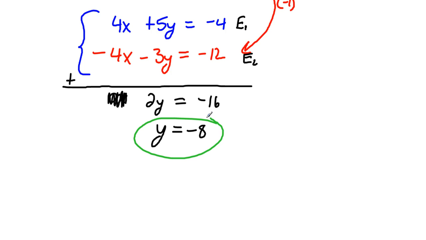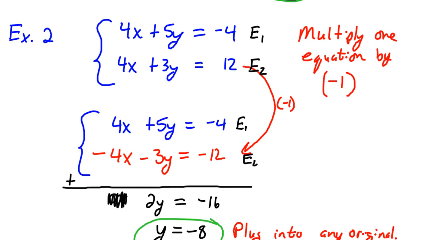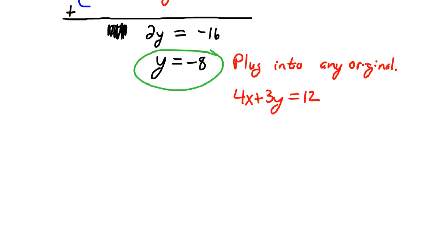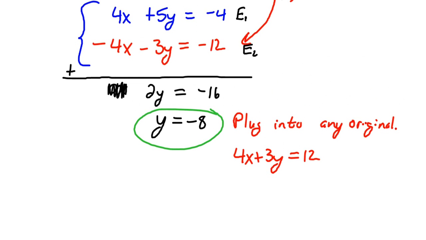Okay, and again, once you've got y equals -8, plug that back into any of the originals. Last time we picked equation 1. This time let's just go with equation 2. So we'll go 4x plus 3y equals 12. Again, doesn't matter. Just pick one and go with it. Okay, so taking out the y, replace it with -8.